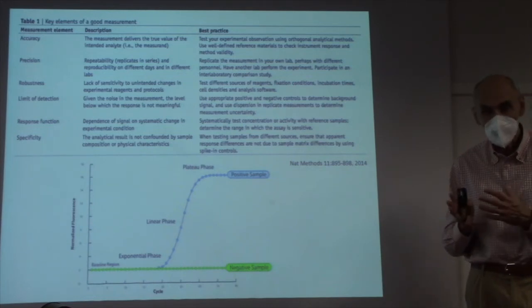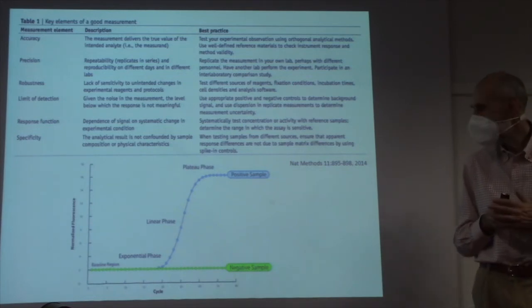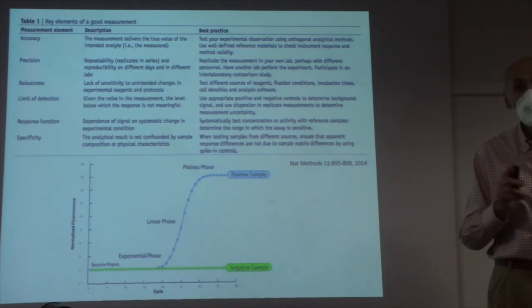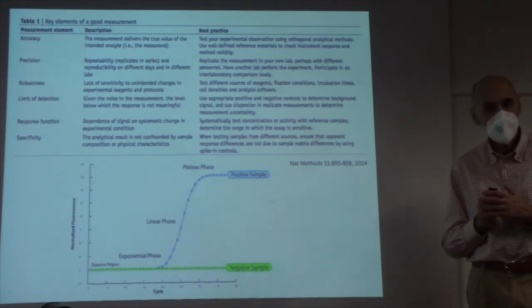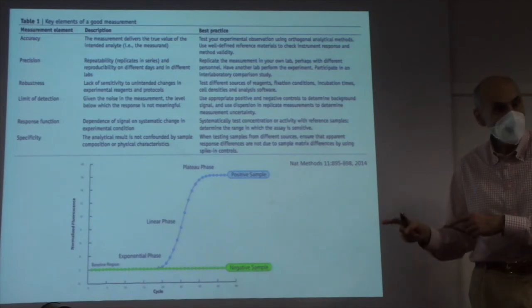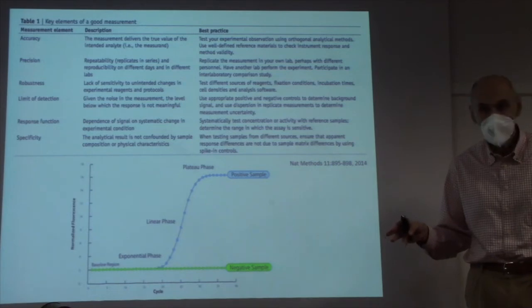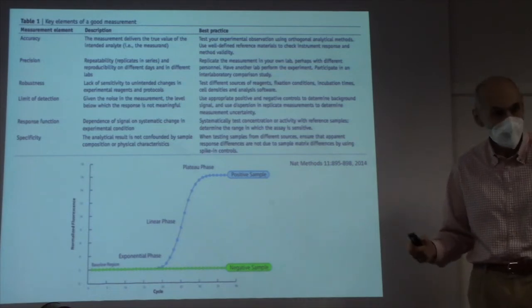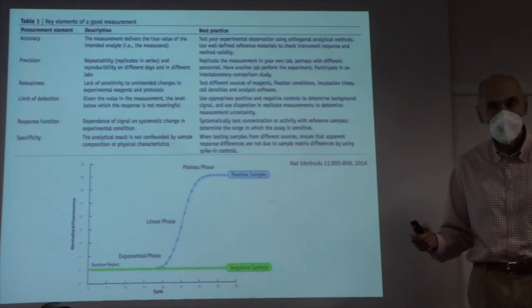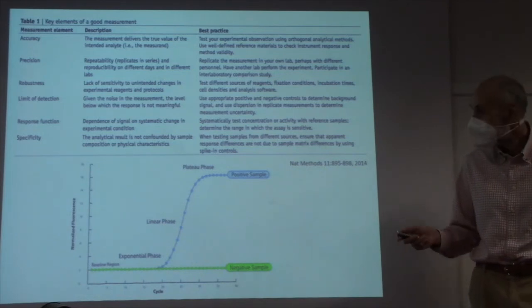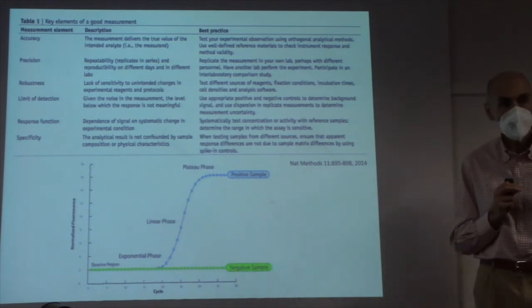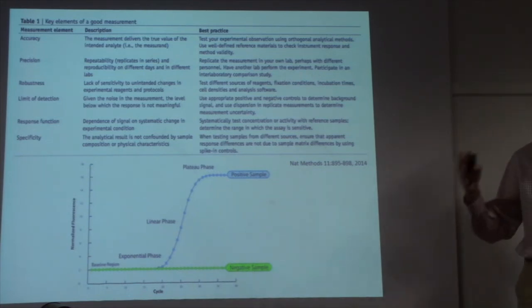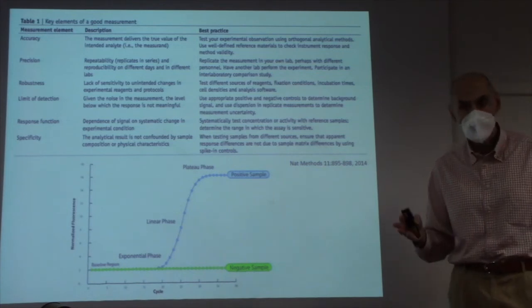You have to know that, because otherwise you draw wrong conclusions. On the opposite, and this is really specificity, you might have substances that do react with the fluorochrome, like DNA does. In that case, you overestimate the amount of DNA. That's no good either. In that case, you lack specificity. Your reagent, which is supposed to be specific for DNA, in fact reacts with something else and reads other things.